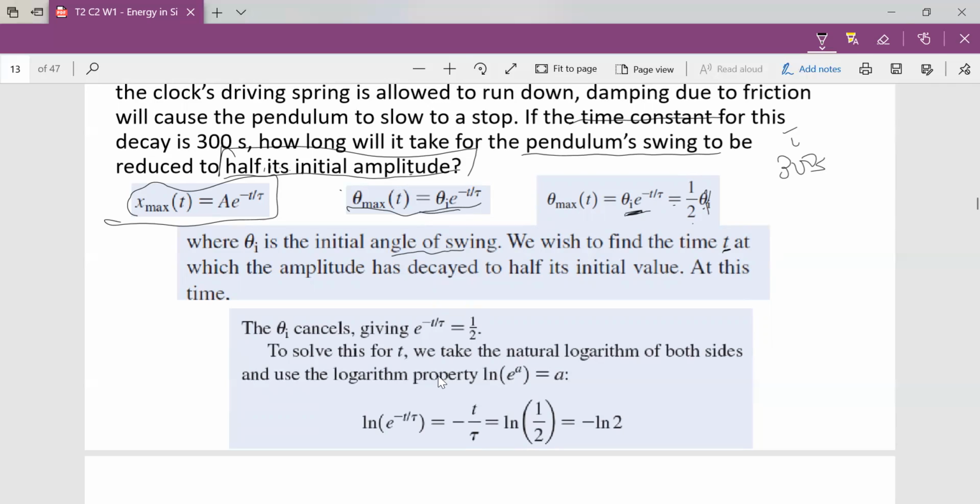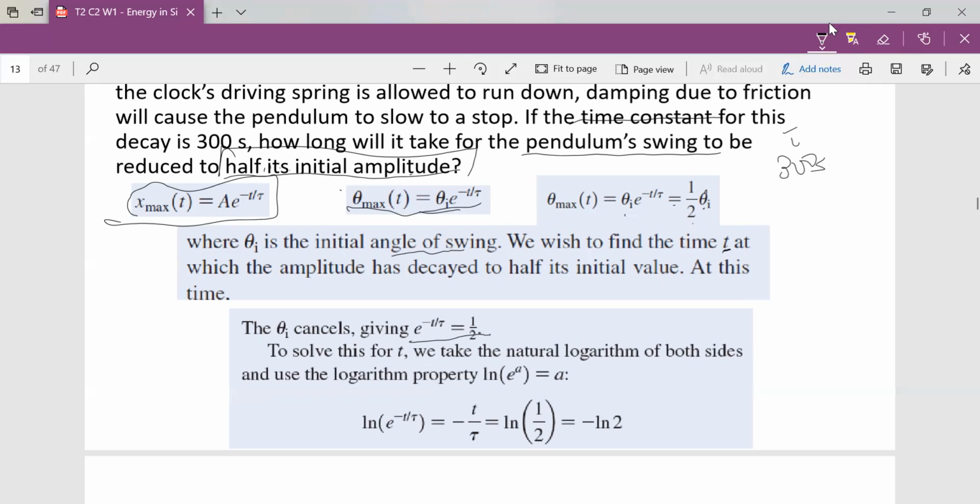Okay. So equating this, the initial angle will cancel out. Once they cancel out, we'll be left with the key part of the equation, which is exponential minus t over tau equals half.